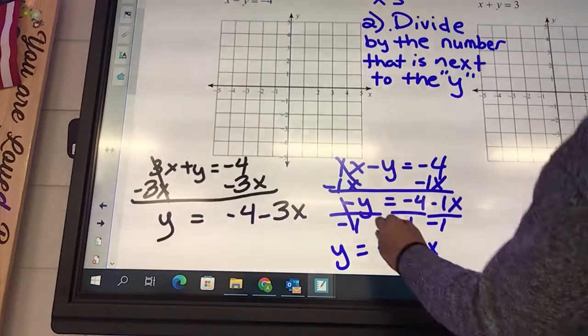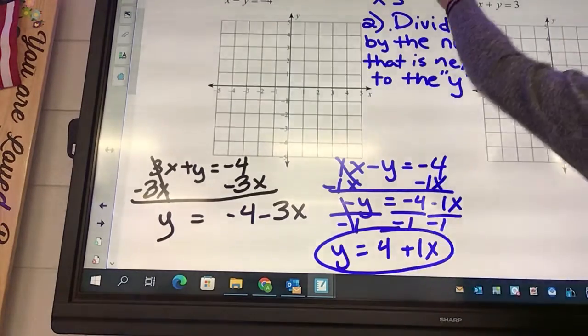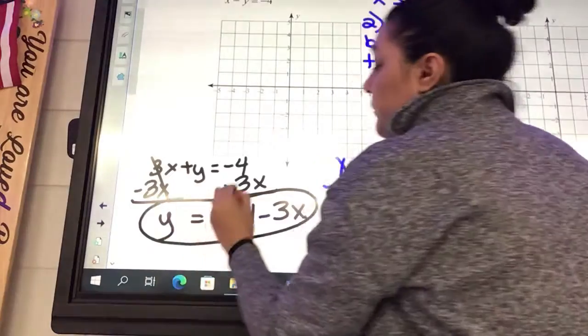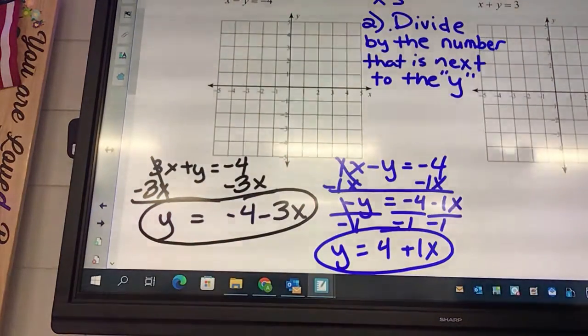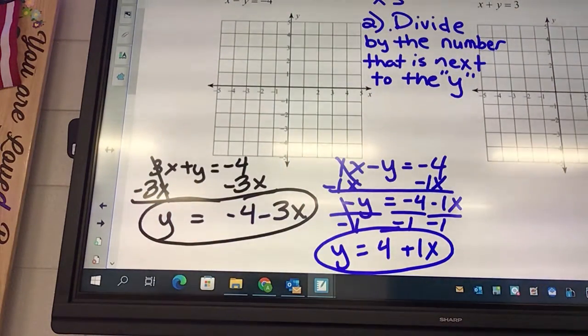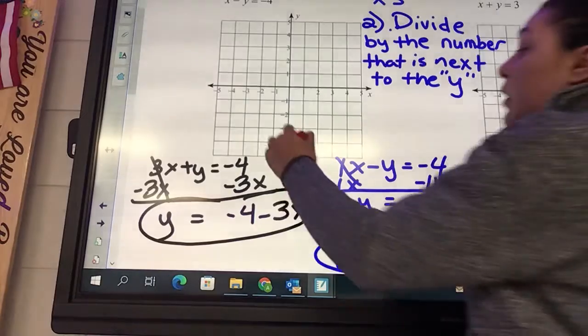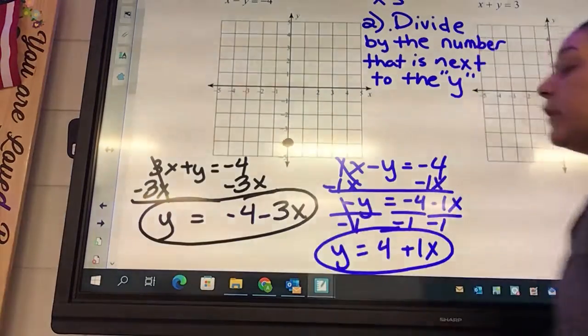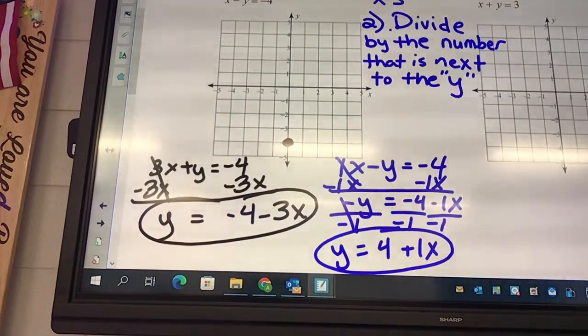Okay, so you're gonna graph this one, and you're gonna graph this one. Okay, where does the black one start out at? The -4. Okay, so it starts at -4, and our slope is what? -3.